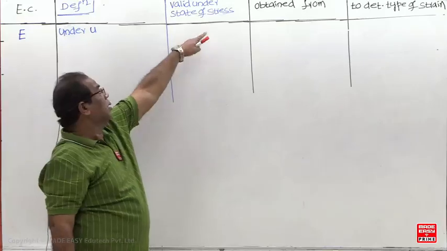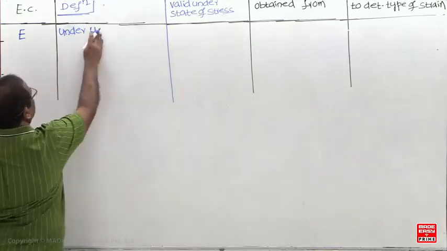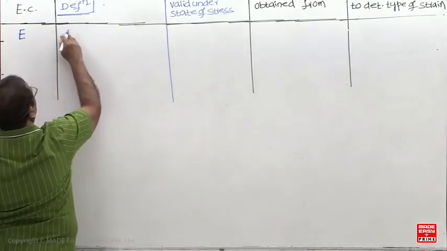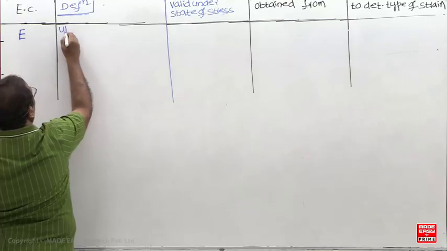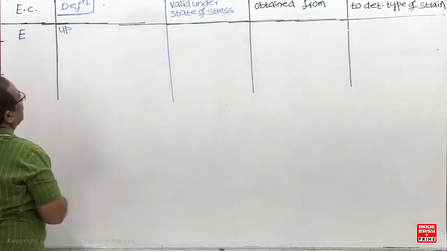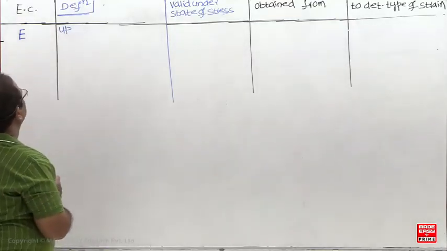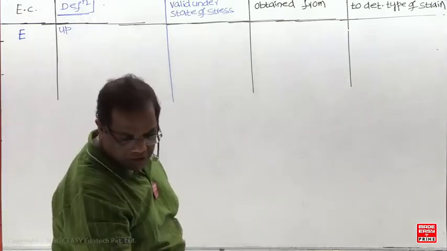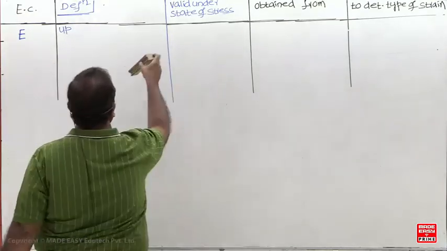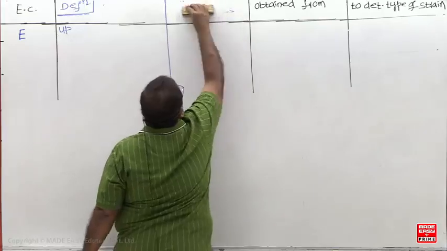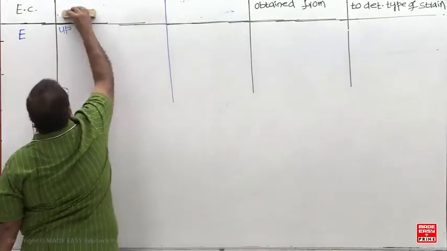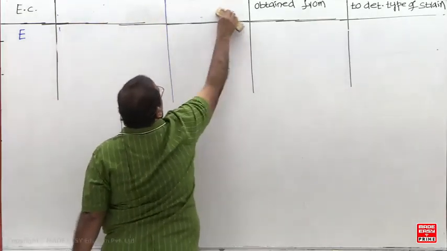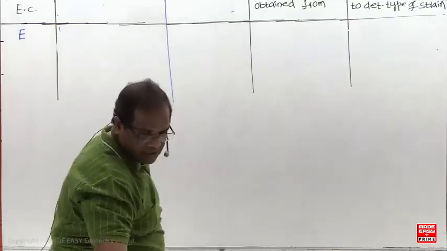I have already written another column for state of stress, therefore I am writing directly here. Slightly interchange these two columns now. Make this the first and this the second. Change these two columns, interchange them.